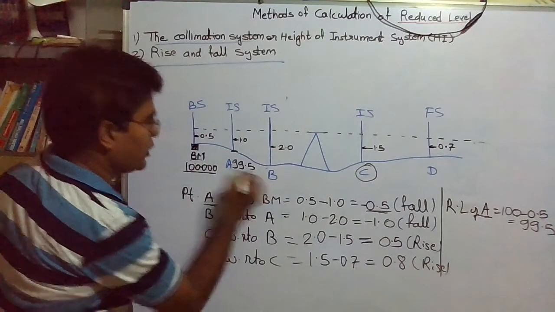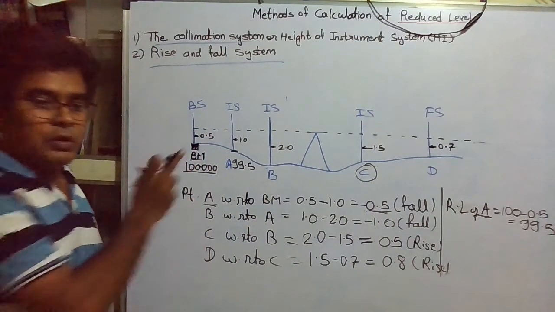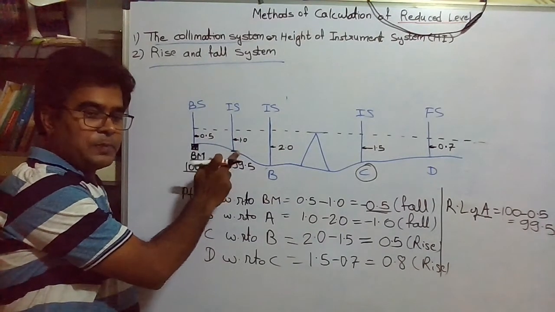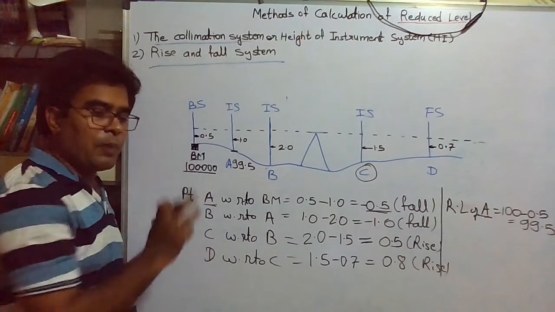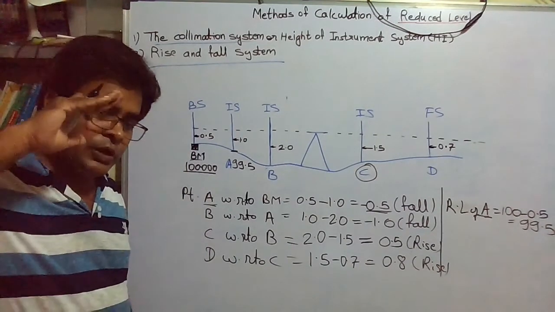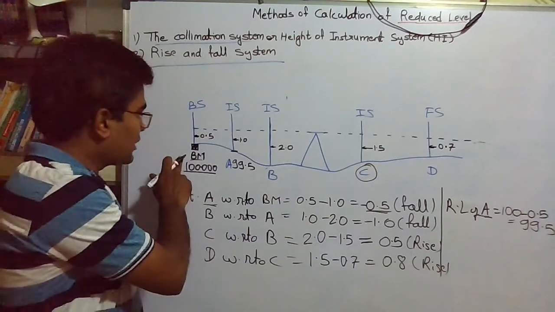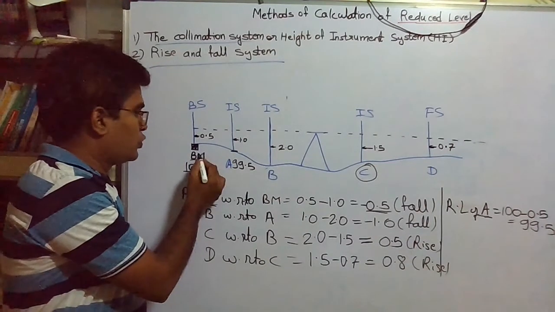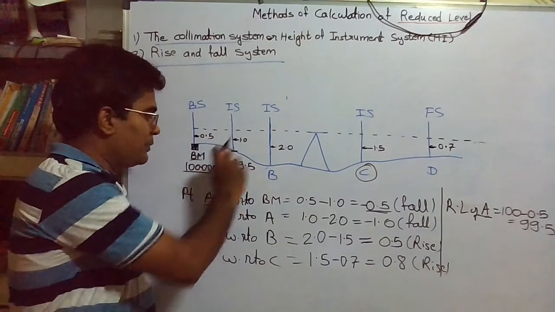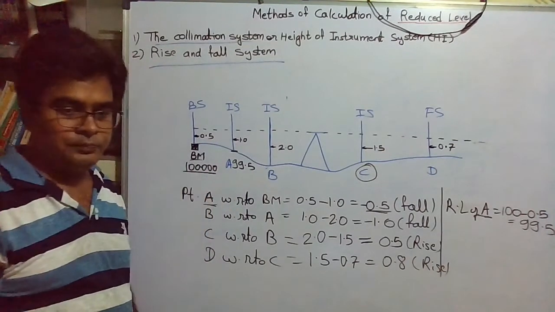How did we find it? We compared the height difference between the two points, A and the benchmark, and found that point A is 0.5 meter lower than the benchmark. So to get the RL of point A, we subtracted this level difference from the RL of the benchmark. Got it?